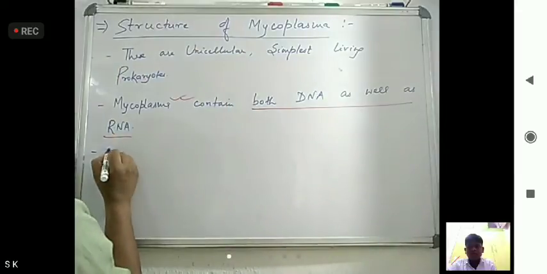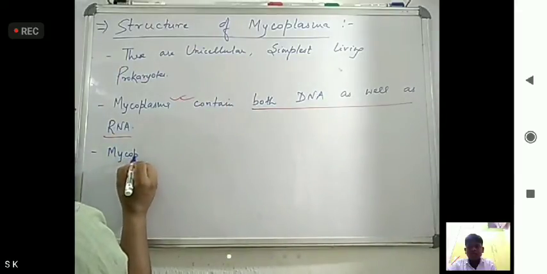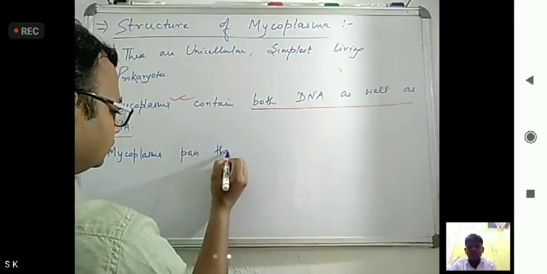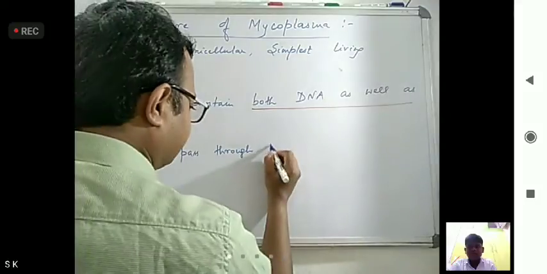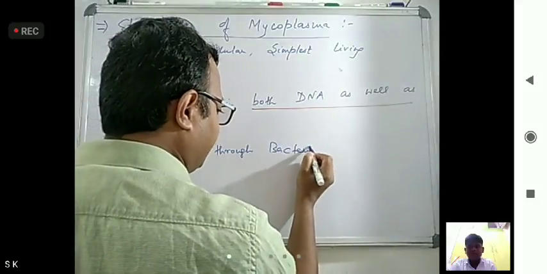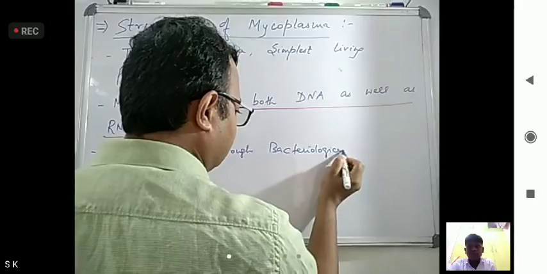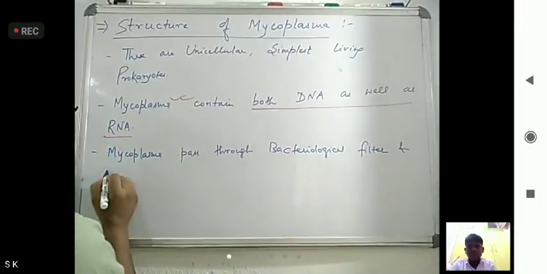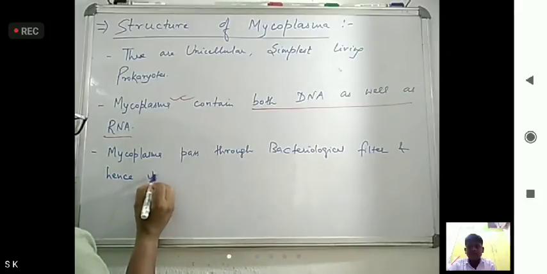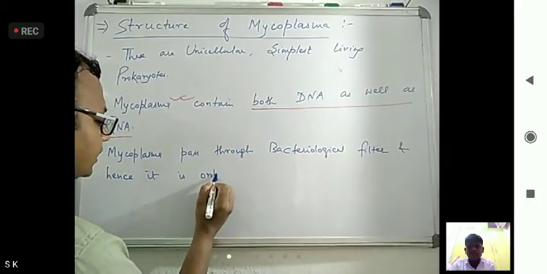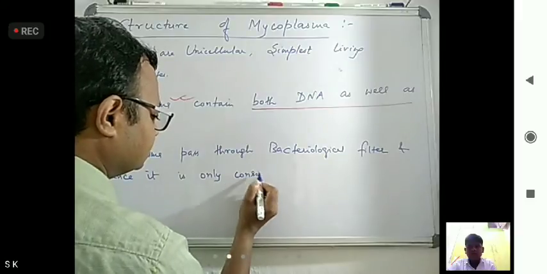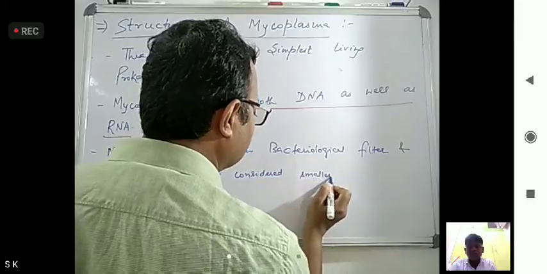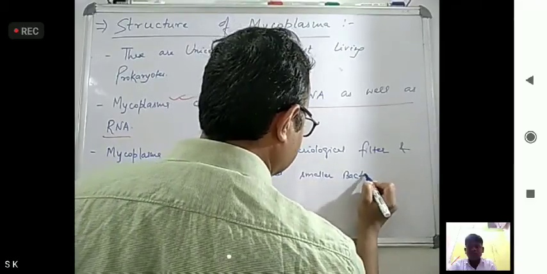Okay, so mycoplasma pass through bacteriological filter, and hence it is only considered a smaller bacteria.